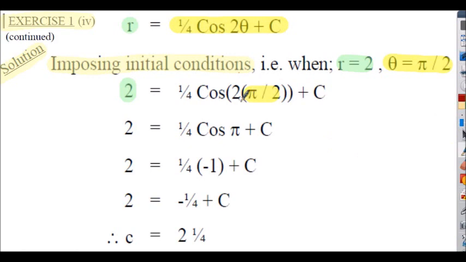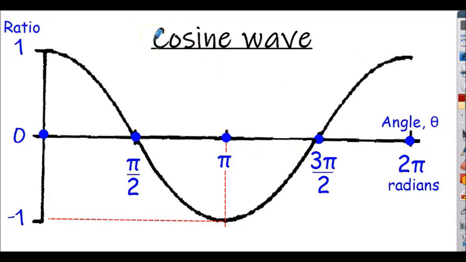Just note inside the bracket the 2 in the numerator cancels with the 2 in the denominator to leave us with cos of pi on the next line, and cos of pi radians is negative 1. And purely for reference, here is a sketch of the cosine waveform between 0 and 2 pi radians, and we can clearly see for pi radians the ratio is negative 1.